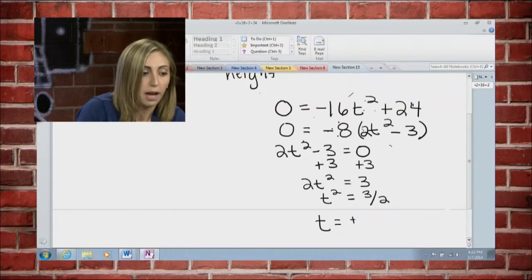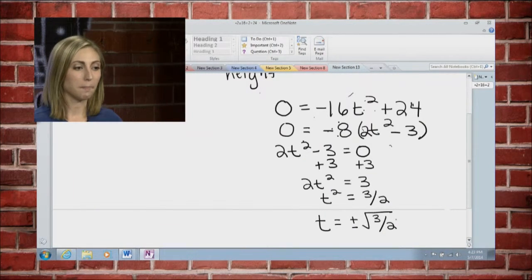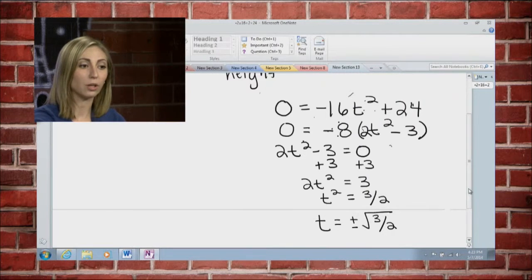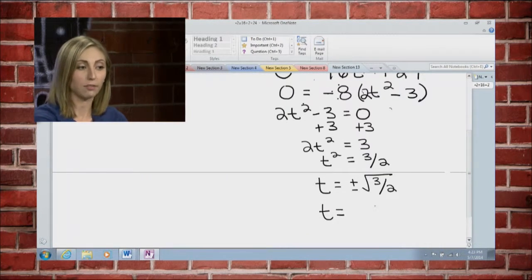And you're going to have the positive or negative square root of 3 over 2. Now, when you think about the situation, you can't have negative time. So we're not going to use that negative answer. We're going to say that the only possible answer is the positive answer, because time can't be negative. So we'll just say our time is going to be the square root of 3 over 2.